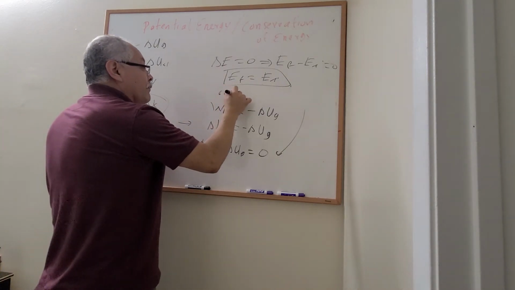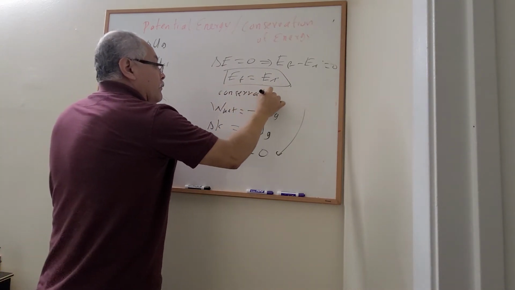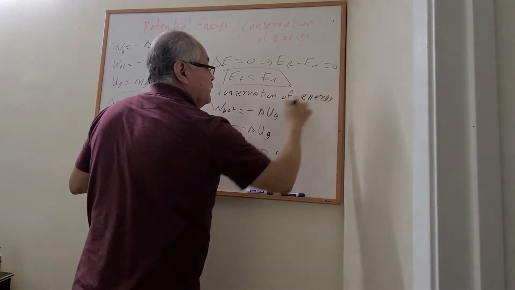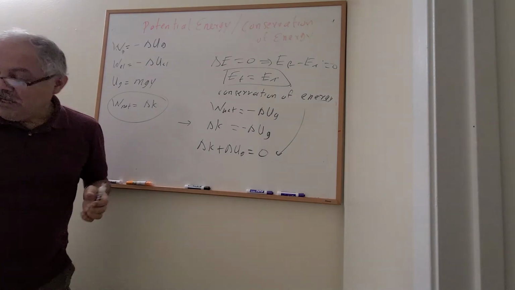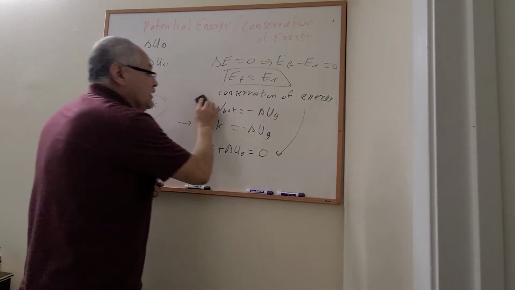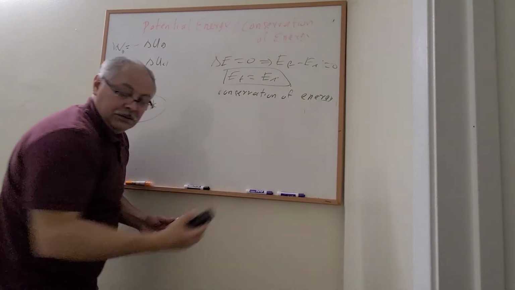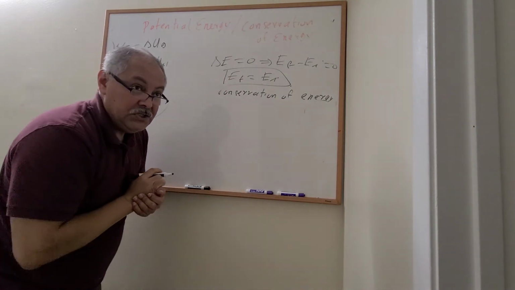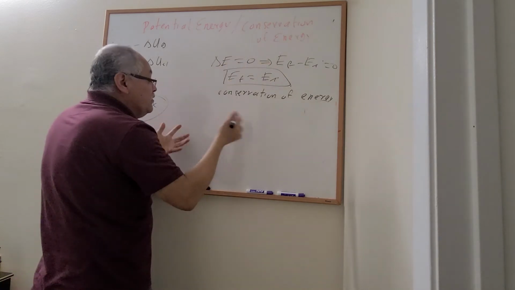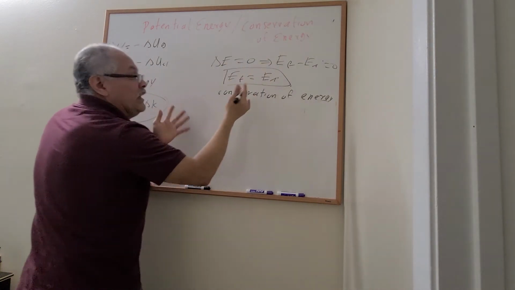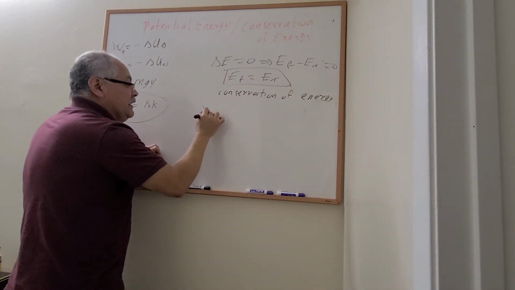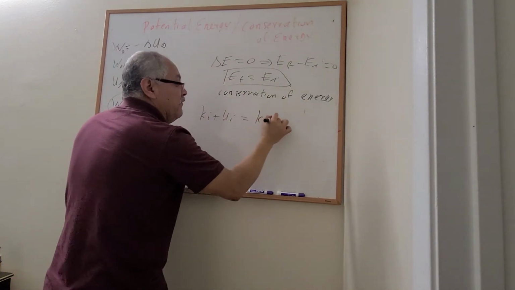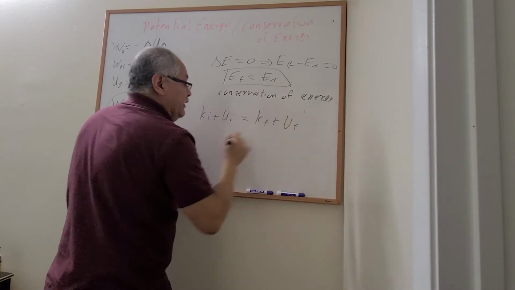Conservation of energy, or mechanical energy. We represent it in that way, or we can also represent it in this way. What should be the total mechanical energy at the end or at the beginning? We can start at the beginning or at the end, it's going to be the same thing. Kinetic initial plus potential initial equals kinetic final plus potential final.